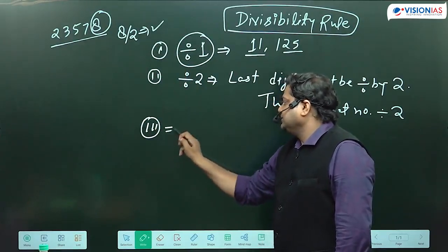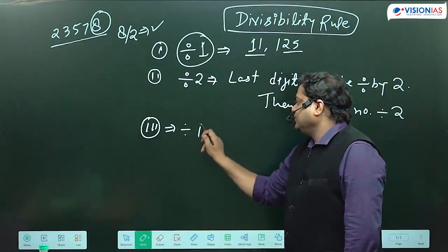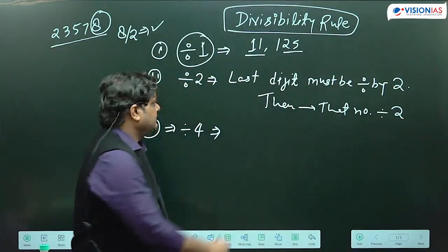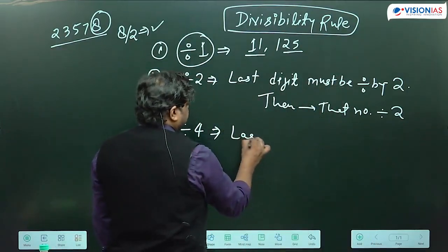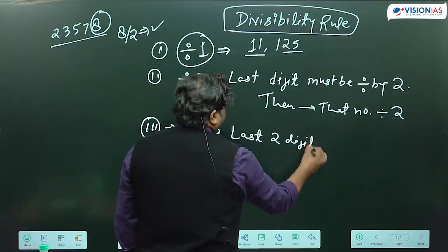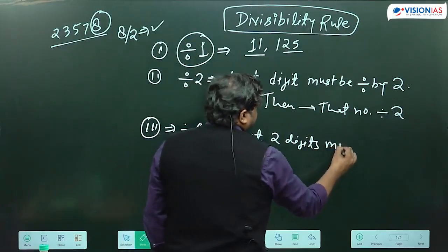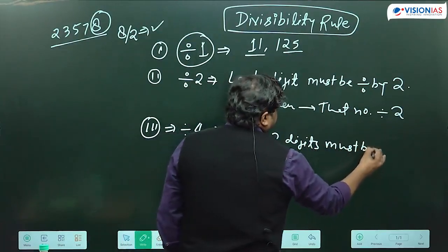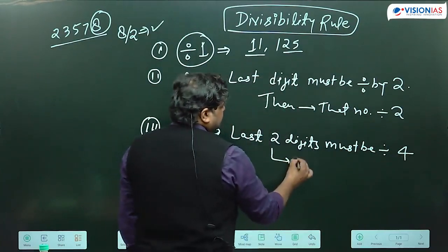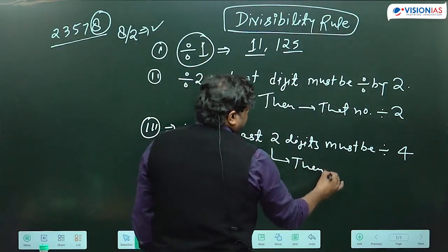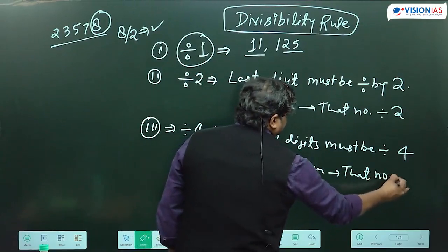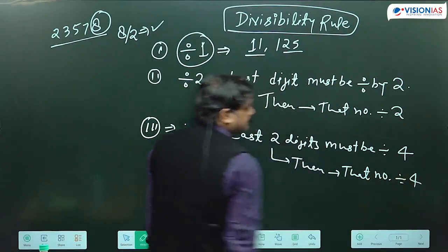Then what is divisibility rule of 4? Last 2 digits must be divisible by 4. Then we can say कि that number is also divisible by 4.